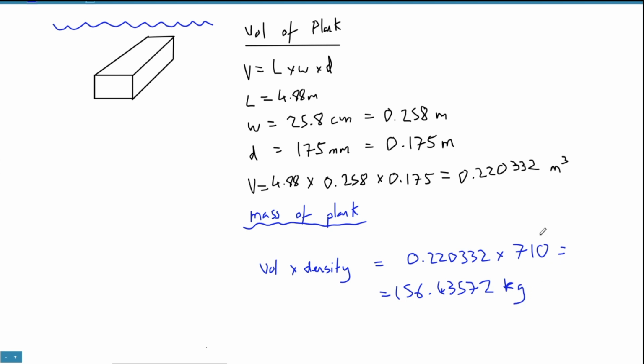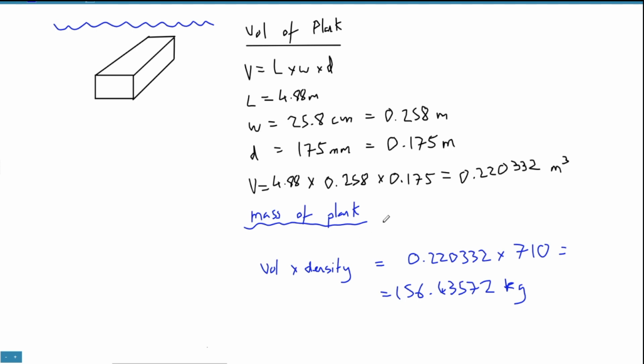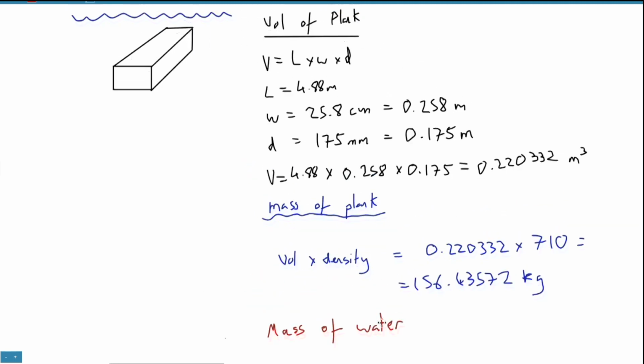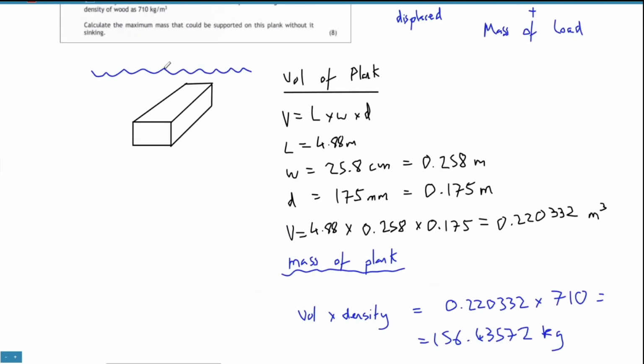All right. Now we're going to look at the mass of the water displaced. Mass of the water displaced. Because this thing is completely submerged under water, it's going to displace a certain amount of water.